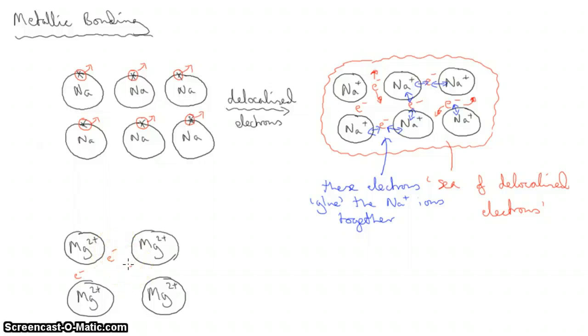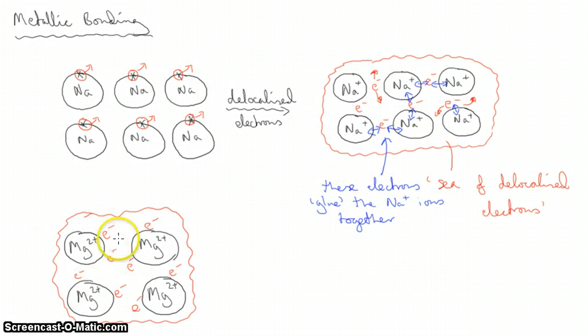So in between these magnesium ions, 2, 3, 4, 5, 6, 7, 8, are 8 electrons holding the magnesium nuclei together. There'll be attractive force going that way, and there'll be attractive force going that way. So again, sort of gluing everything together.